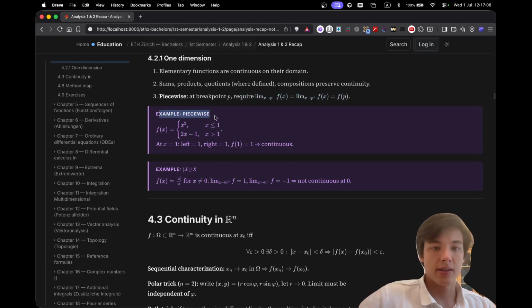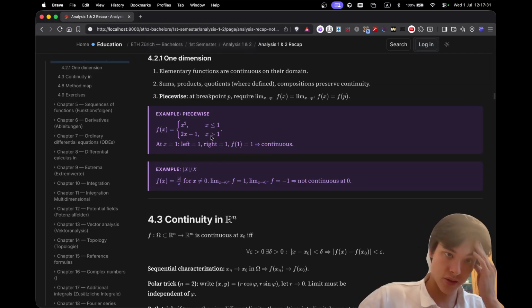Let's look at this example. Piecewise, x squared if x is smaller than 1, so it goes up until 1. And if it's larger than 1, we have 2x minus 1. Well, 2 times 1 is 2, minus 1 equals 1. So the left and right side is 1, so it is continuous.